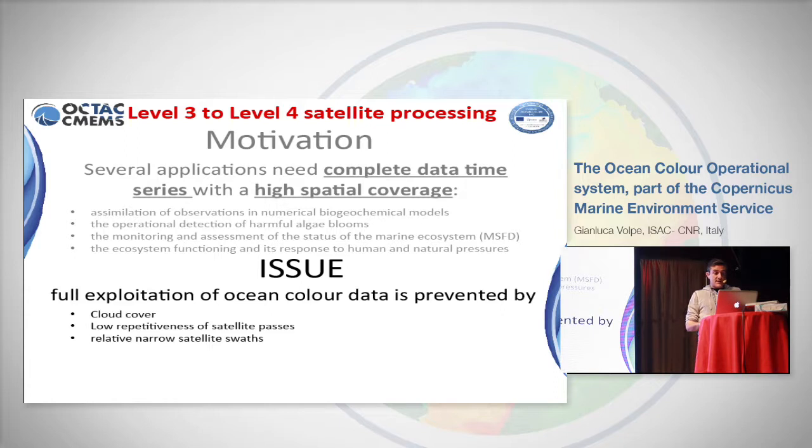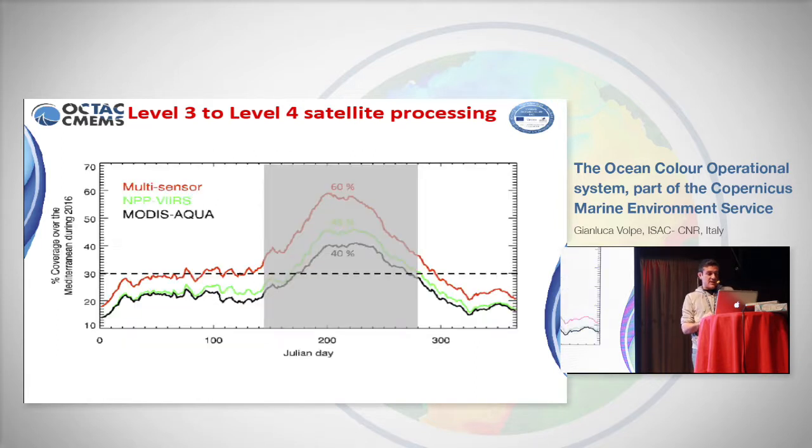The point is that the full exploitation of ocean color data is hampered mainly by cloud cover, apart from the other two issues, but mainly the cloud cover. As you can see here, the multi-sensor does increase the number of observations. This is the number of observations versus time during last year over the Mediterranean.